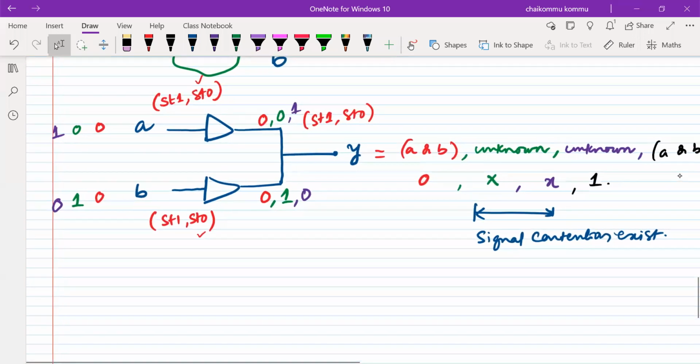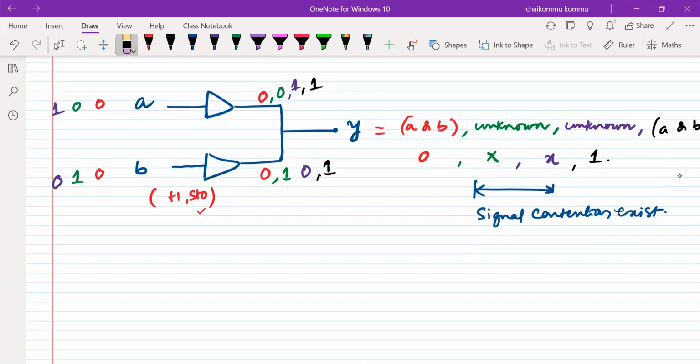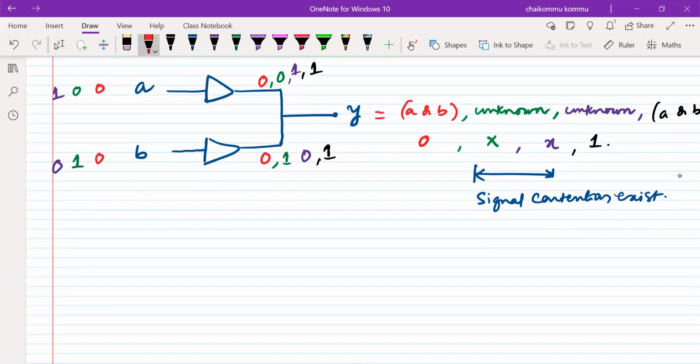I'm going to consider another way, something like this. First I'm going to write a gate. It's a buffer, right? I'm omitting the name of the gate.